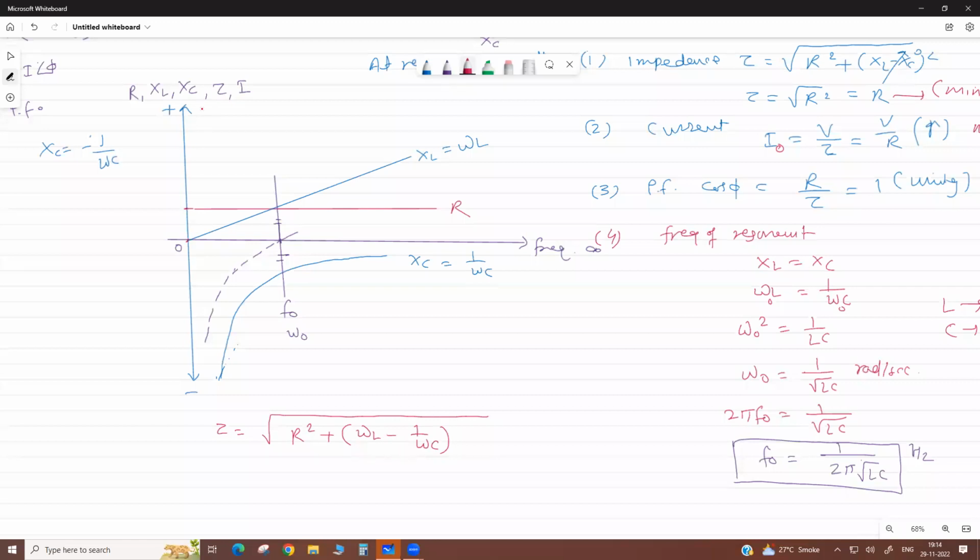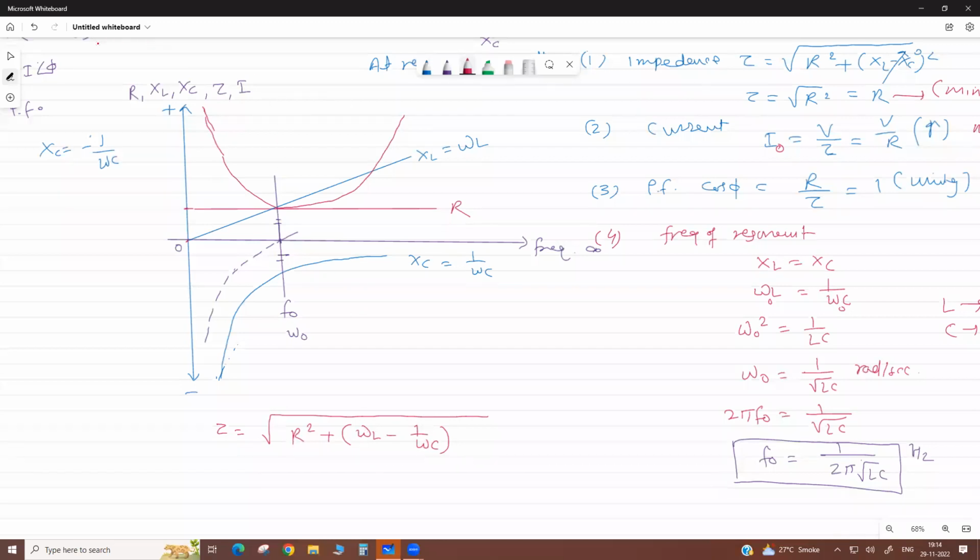So it is capacitive here, and at resonance frequency these become equal, so only R remains. It goes like this way, and it again increases. At infinite frequency this is 0, but this will be infinity.